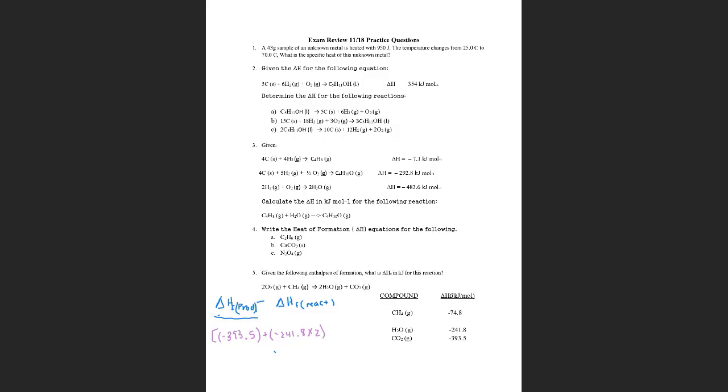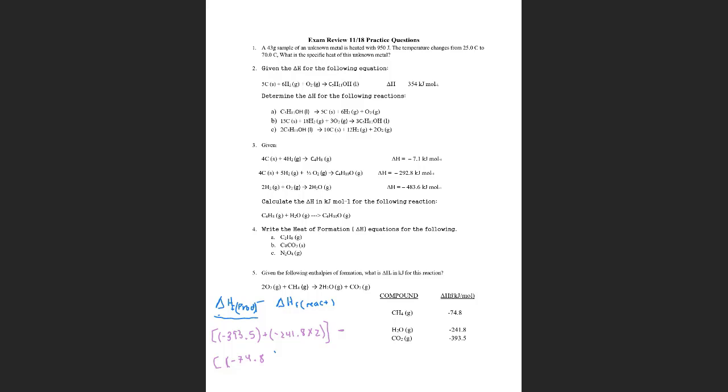And the times 2 is because H2O in the equation has a coefficient of 2 on it. So this makes up all of our delta H's of products. And then we're going to subtract from the delta H of the reactants. So first up, we have CH4. Yeah, so y'all said delta H for CH4 is negative 74.8.